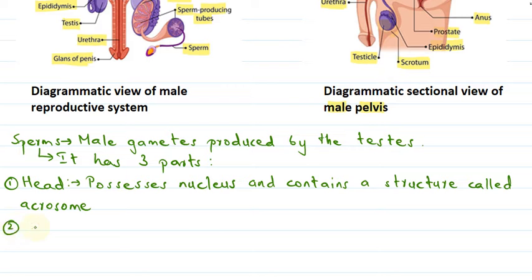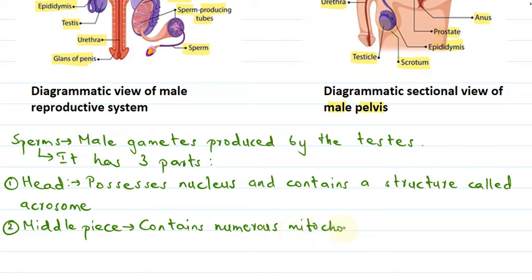Then let's talk about the next part, that is the middle piece of the sperm. This middle piece contains numerous mitochondria.